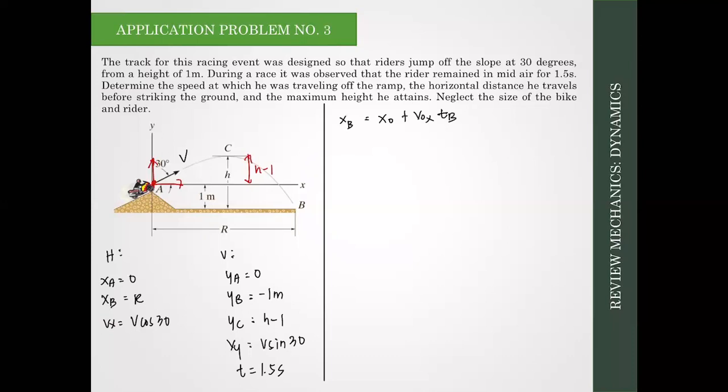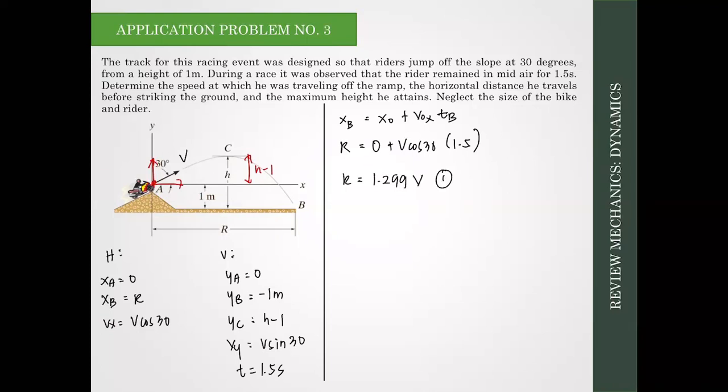Okay? X sub b natin is R. Okay? So x sub 0 o yung xa natin will be 0. Vx natin plus V cosine 30 times 1.5. Okay? So yung R natin is may value siya sa 1.299 V. Okay? Equation 1 natin yan.